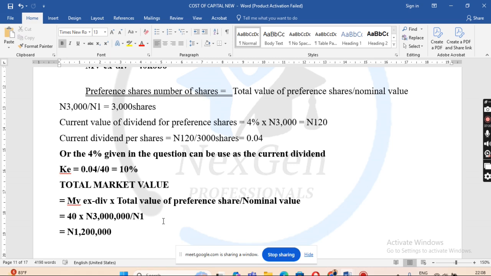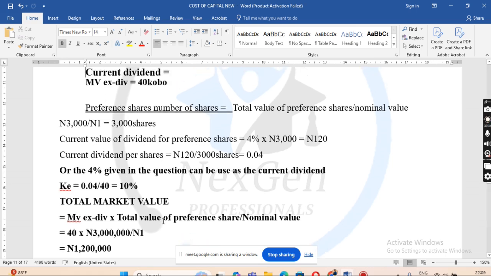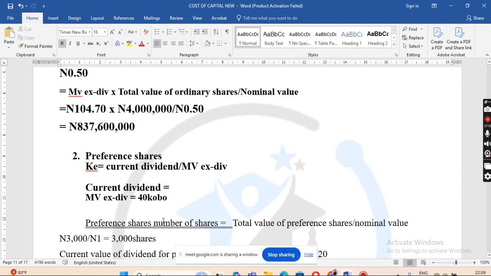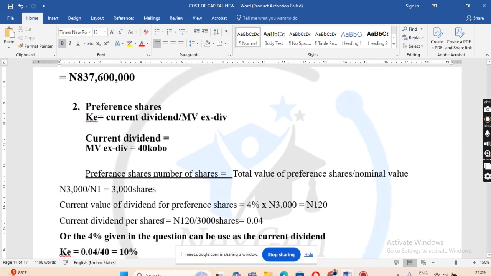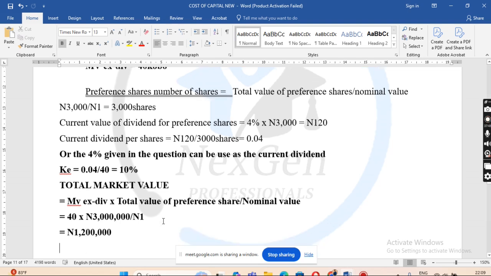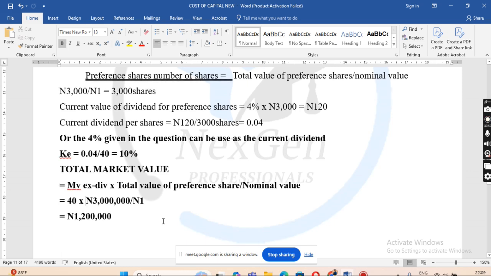Ideally, when you want to use naira all through, or kobo all through, please always ensure that you convert the kobo given to you to naira. Because from this part now, how will you do it?